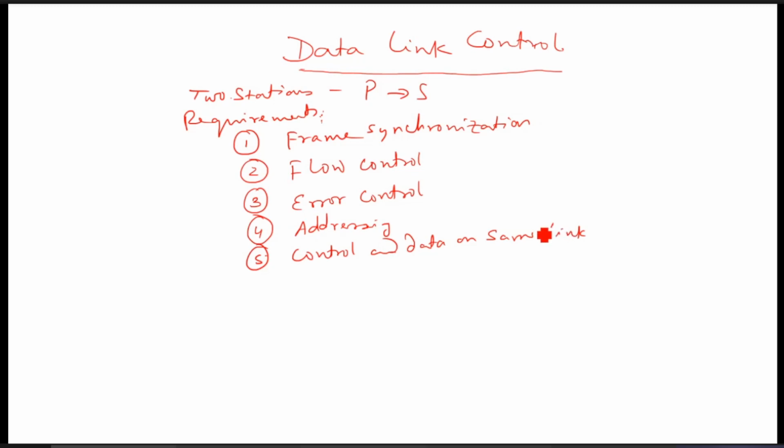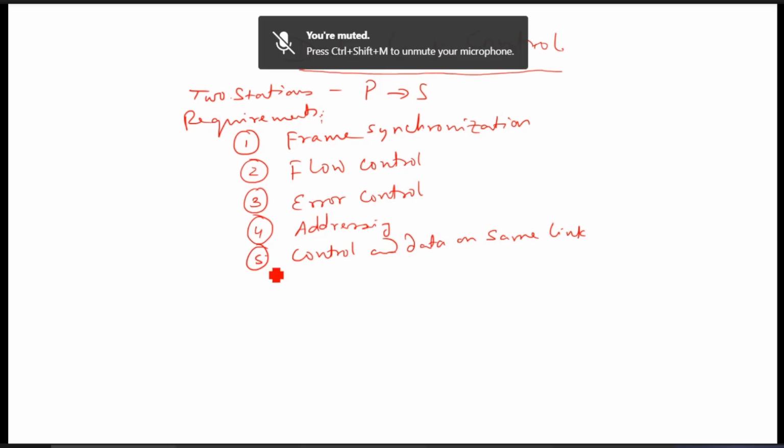A separate communication path for control information apart from the data is generally not desirable. So the same communication path should be used for control information as well as data, and the receiver must be able to distinguish the control information from the data. That is the fifth requirement.